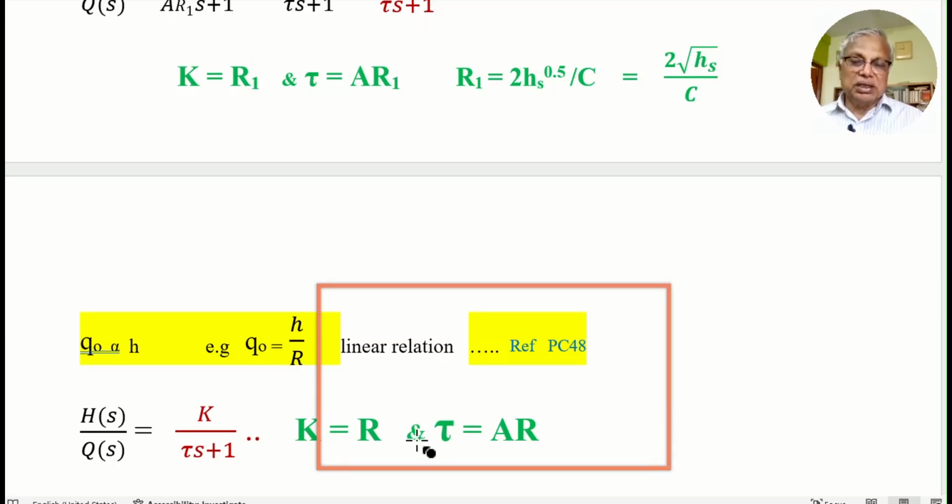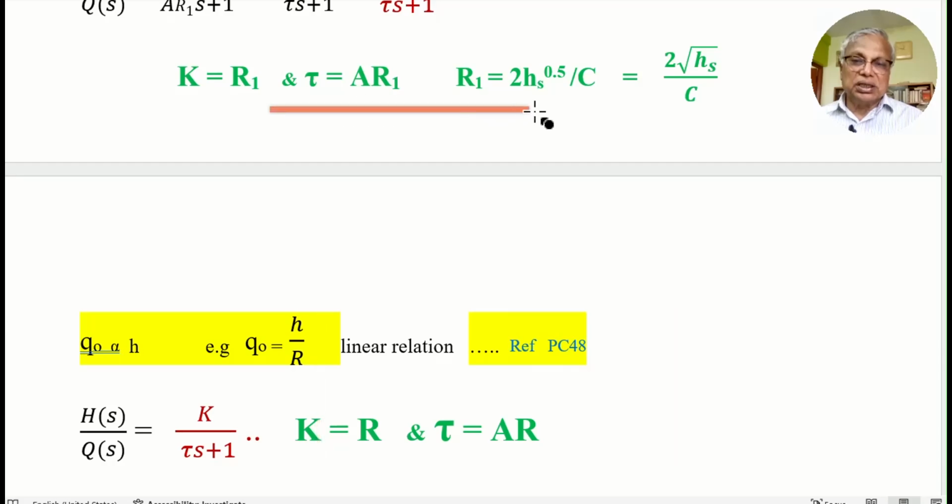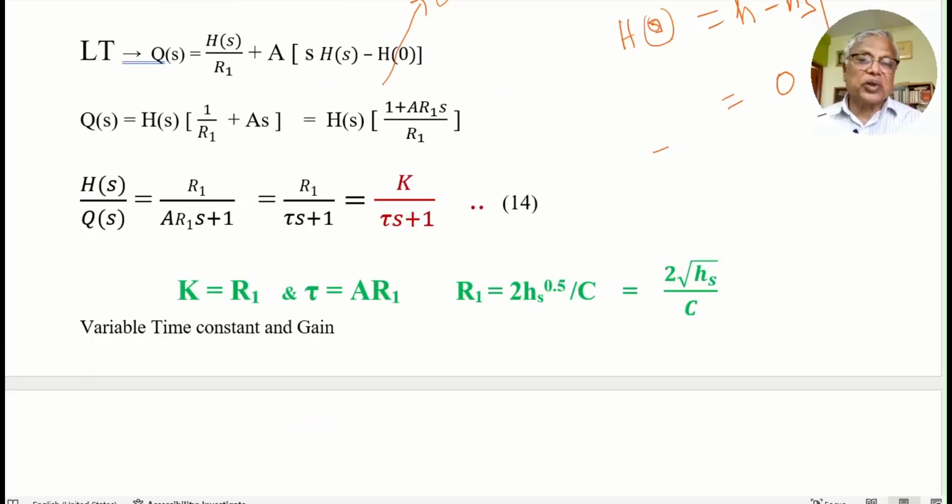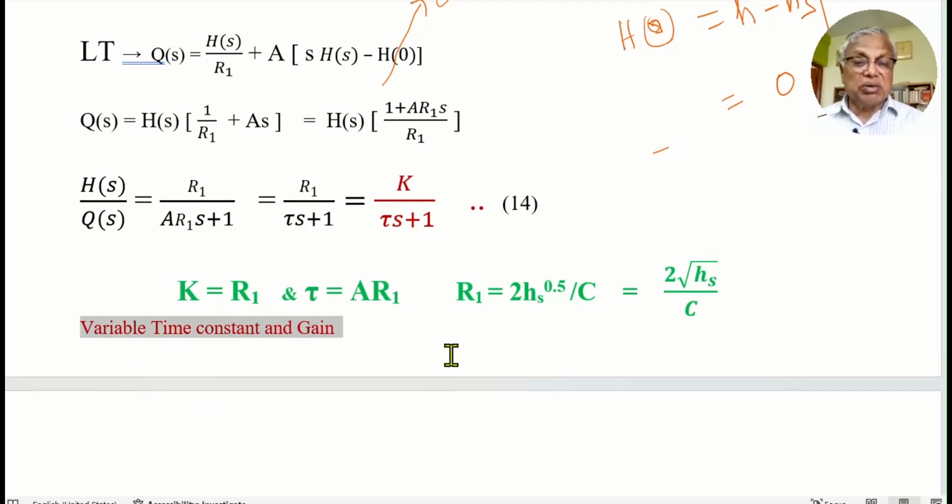So in the case of linear, they are constants, but in this case, the time constant and the gain are variable. They may vary with the operating conditions even for a single given tank, right? So the time constant and gain are not fixed. They are variable in this case.